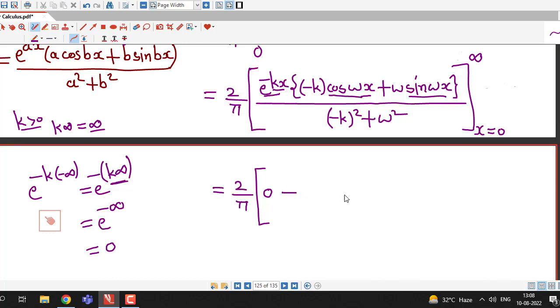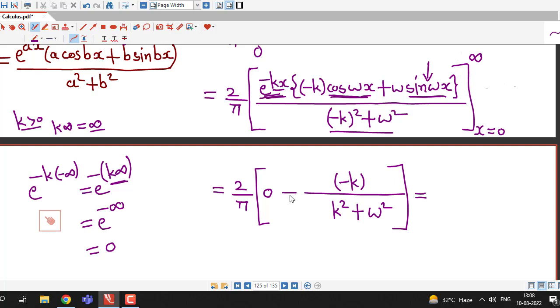Minus, when we take x equal to 0, I will have e raised to 0 here, that is 1. Here sin 0 will be there, and sin 0 is 0, and cos 0 is 1, and we are left with minus k divided by k square plus omega square.